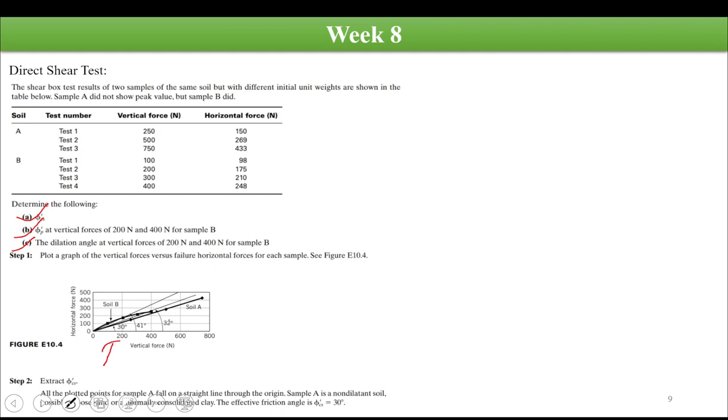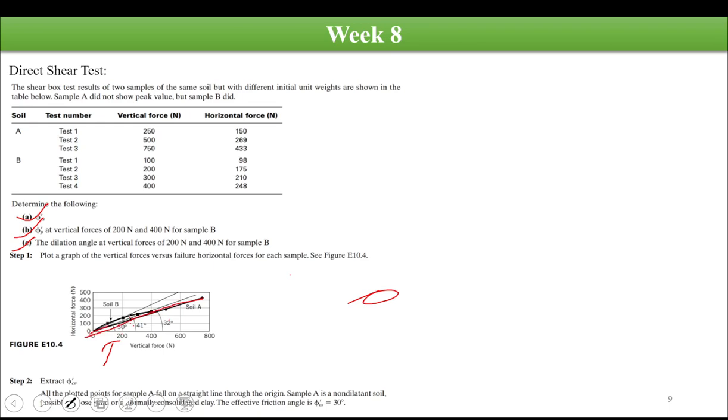For the first test, the vertical force is 250, so corresponding to 250, we'll plot this point. And corresponding to 500, we'll write 269, and corresponding to 750, we'll have 433. So this straight line is obtained.